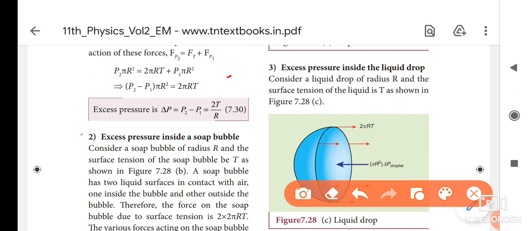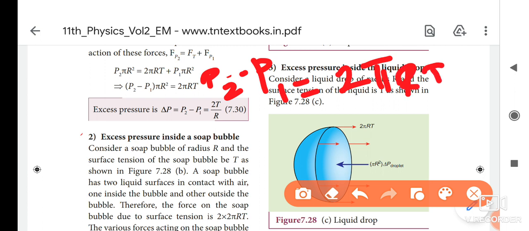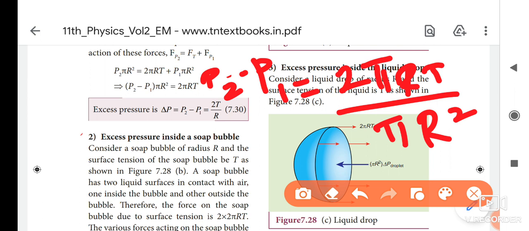We want only this P2 minus P1 value, so I keep P2 minus P1 on this side. Then P2 minus P1 is equal to 2 pi rT upon pi r squared. When it comes to this side, it goes into the denominator, that is the division.